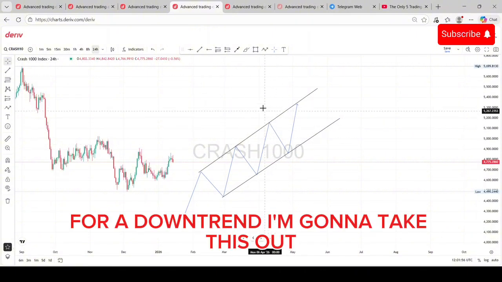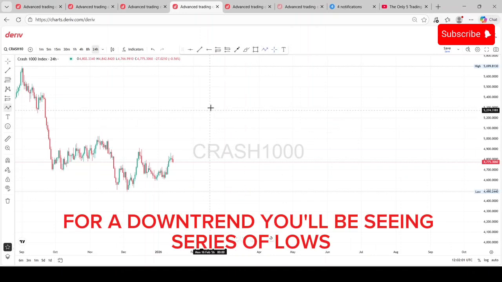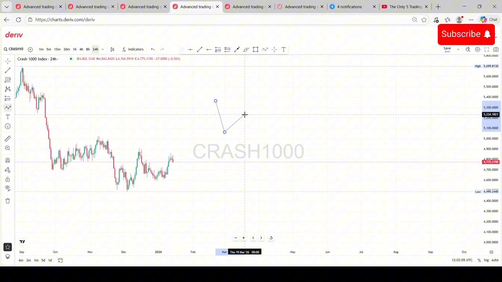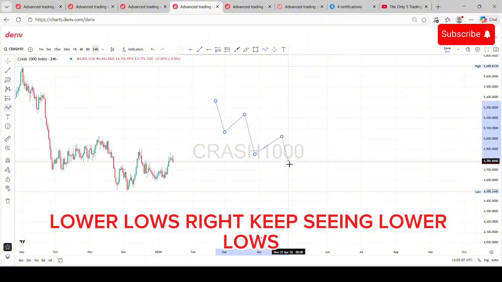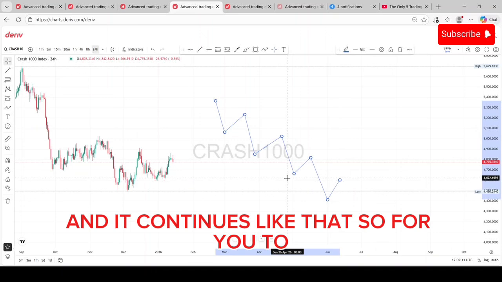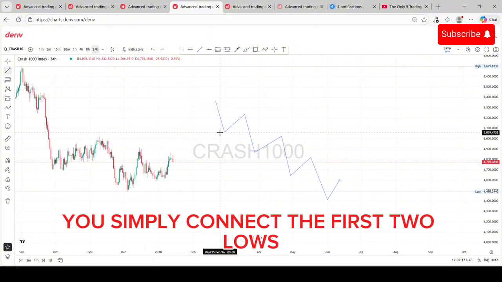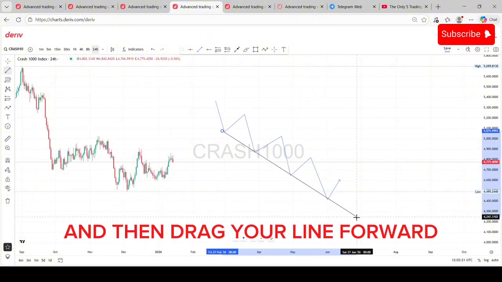For a downtrend, you'll be seeing a series of lower lows, right? You keep seeing lower lows and it continues like that. So for you to be able to put your trend line, you simply connect the first two lows and then drag your line forward.